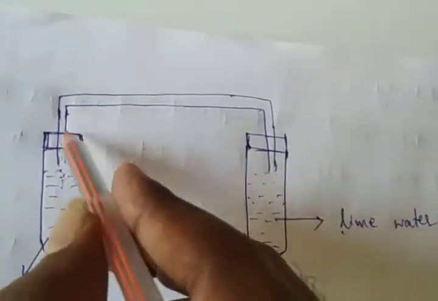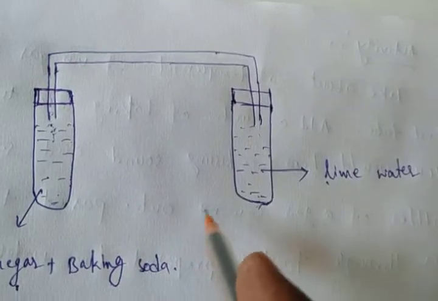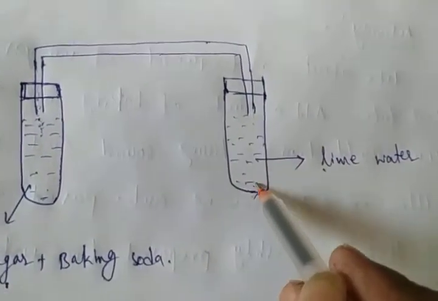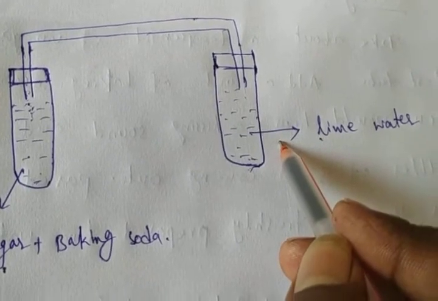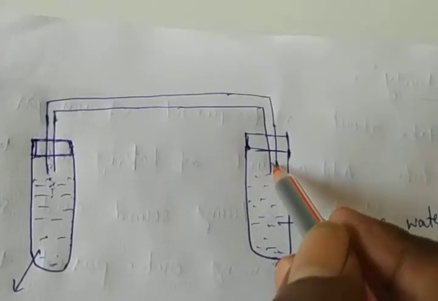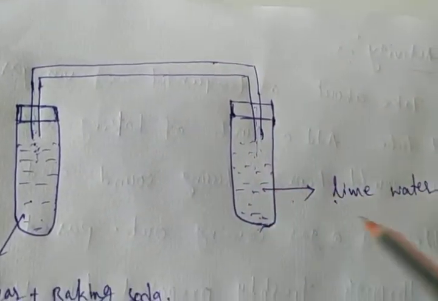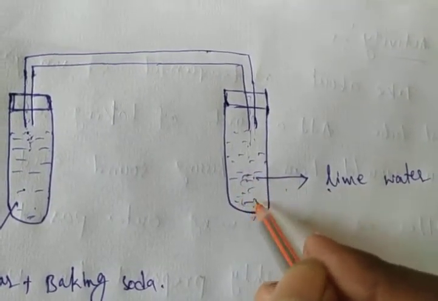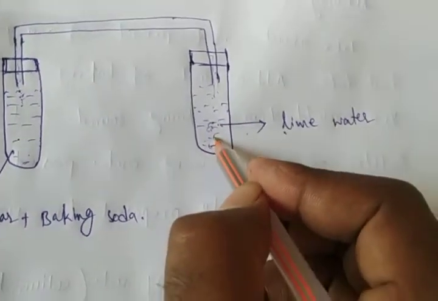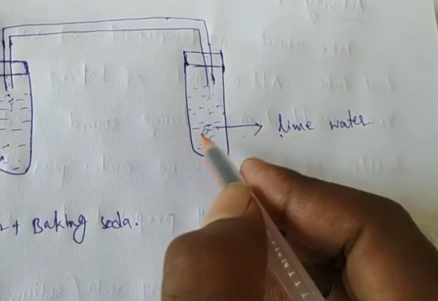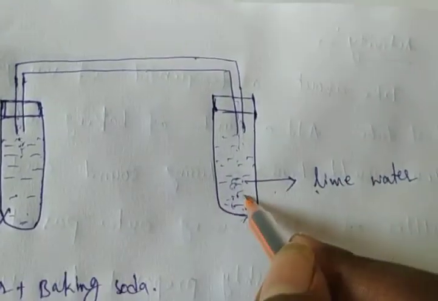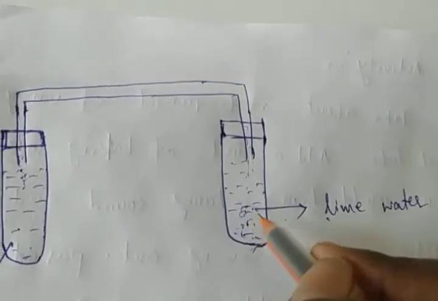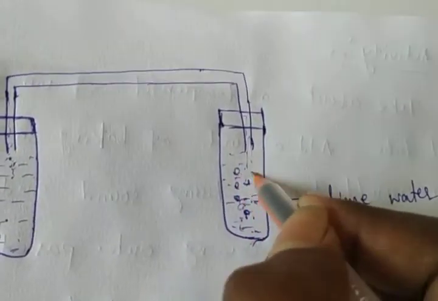When carbon dioxide gas is passed through the lime water, calcium carbonate is formed in this test tube, which makes lime water milky.